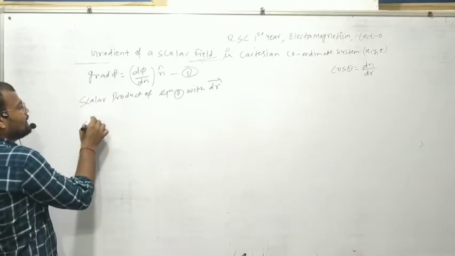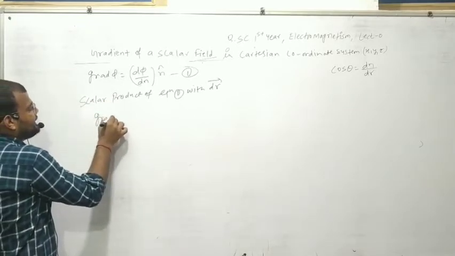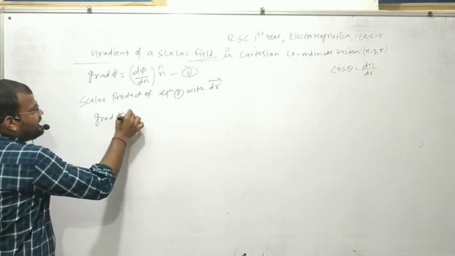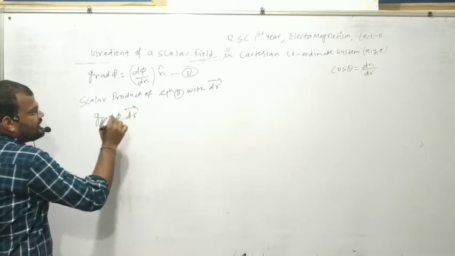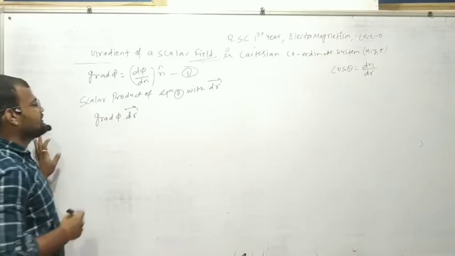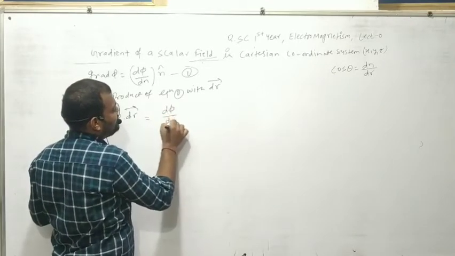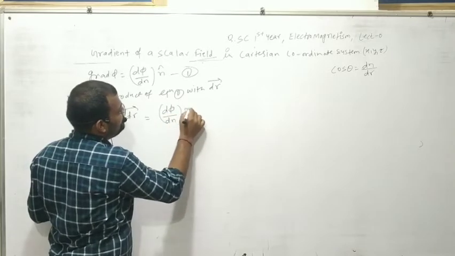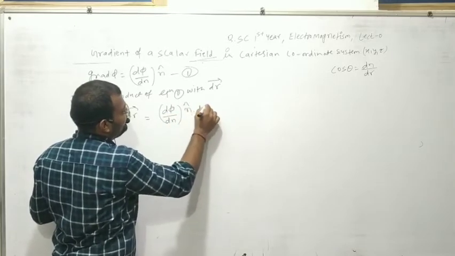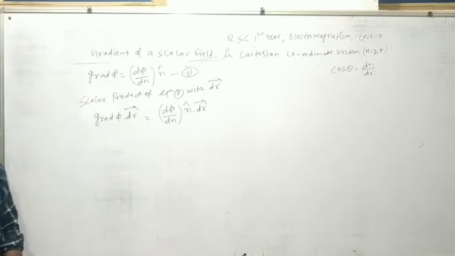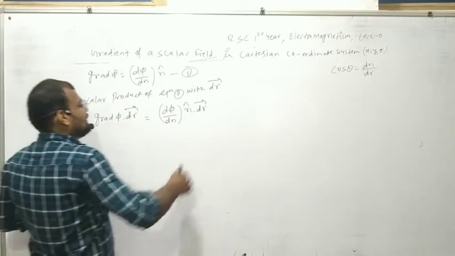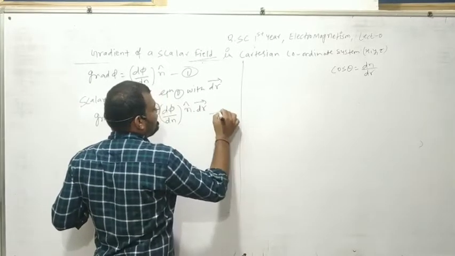So gradient phi dot dr vector, the scalar product is represented by the dot product. So this will be your scalar product equal to d phi over dn into n cap dot dr vector. Now this will be your equation number 2.